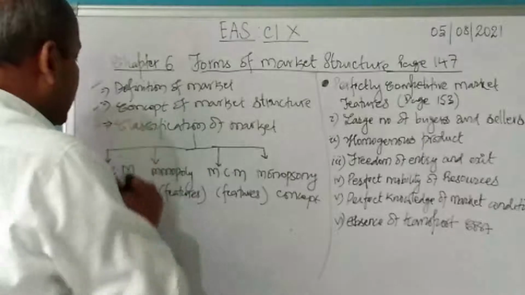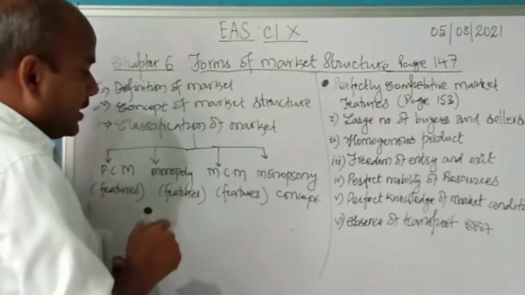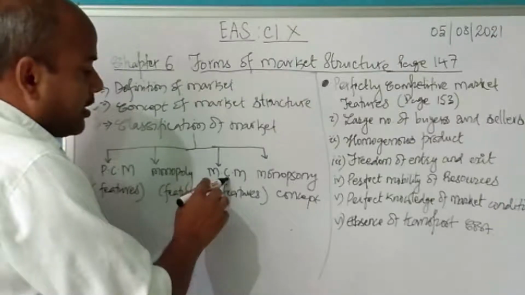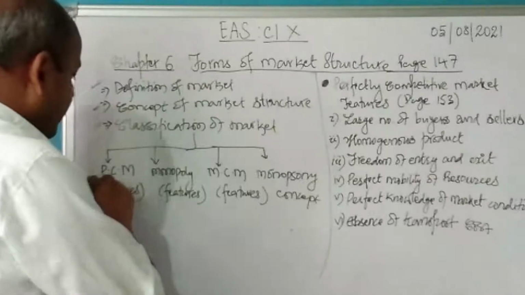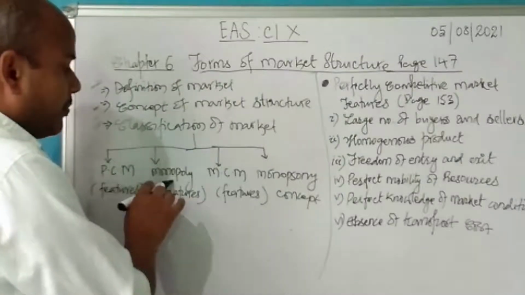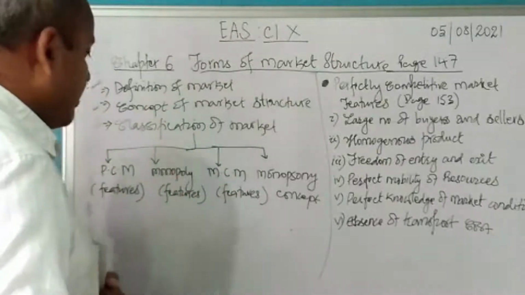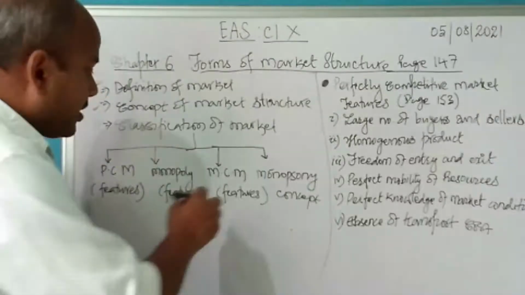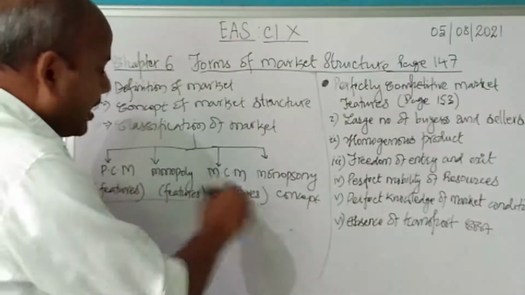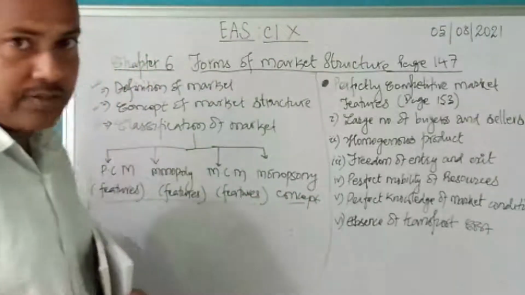Now market can be classified as perfectly competitive market, monopoly market, monopolistically competitive market, and monopsony. Now we shall discuss only the definition and the features of these three markets, and for the monopsony market we shall discuss only the concept.